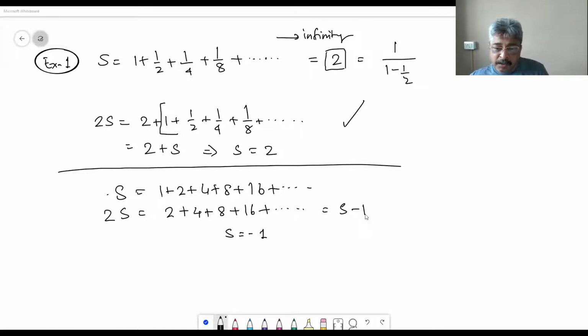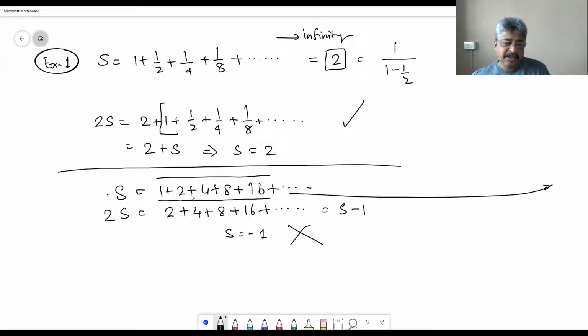And therefore this is not correct, this is false. Summation of positive numbers, natural numbers, no matter how many you add, this s will keep on growing and become a big positive number, and if we report it as minus 1 then definitely it is wrong. But algebraically we cannot find out the mistake.